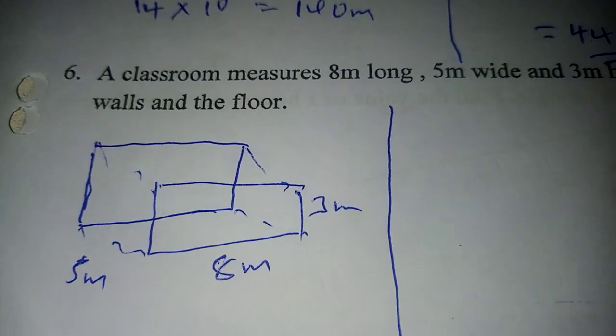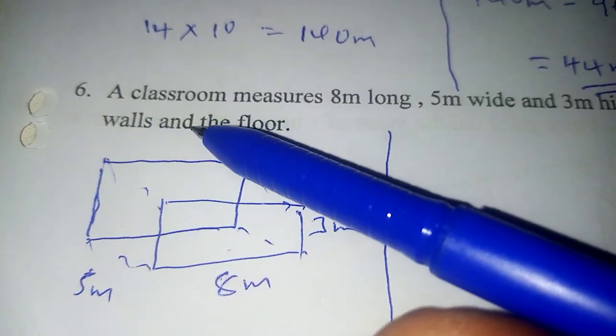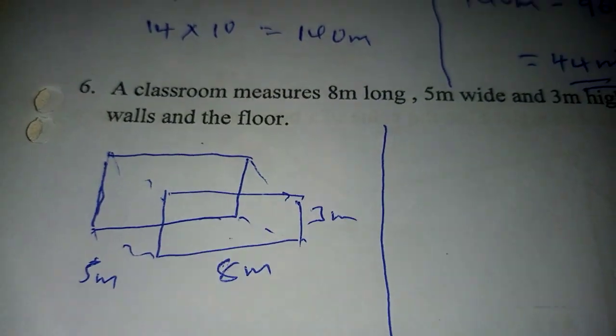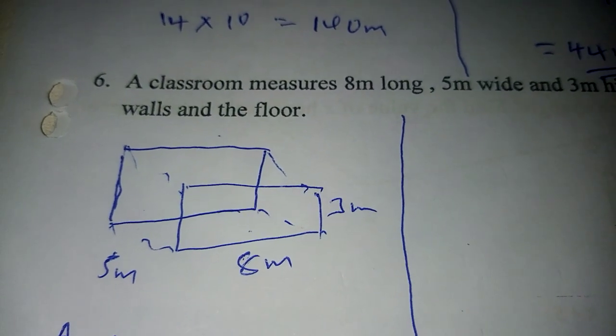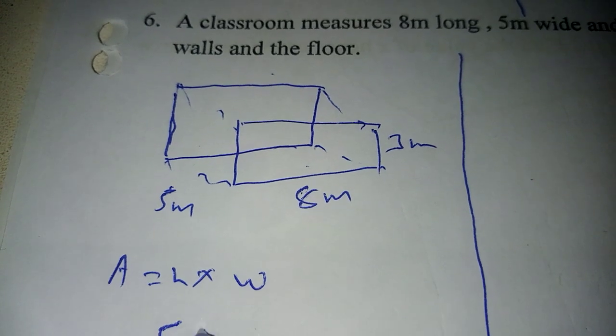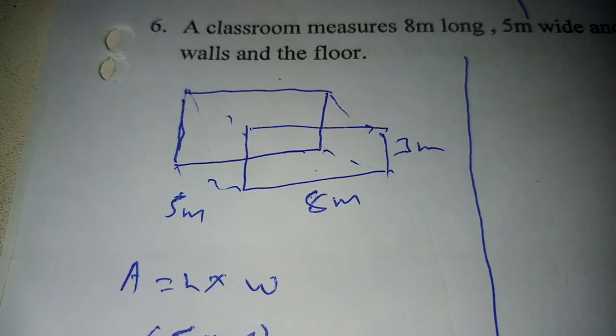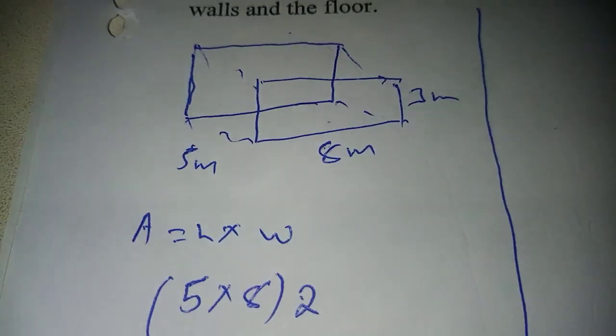The surface area: we start with this side, and the other one. So area equals length times width, that is 5 times 8 and multiply by 2 because it is twice.